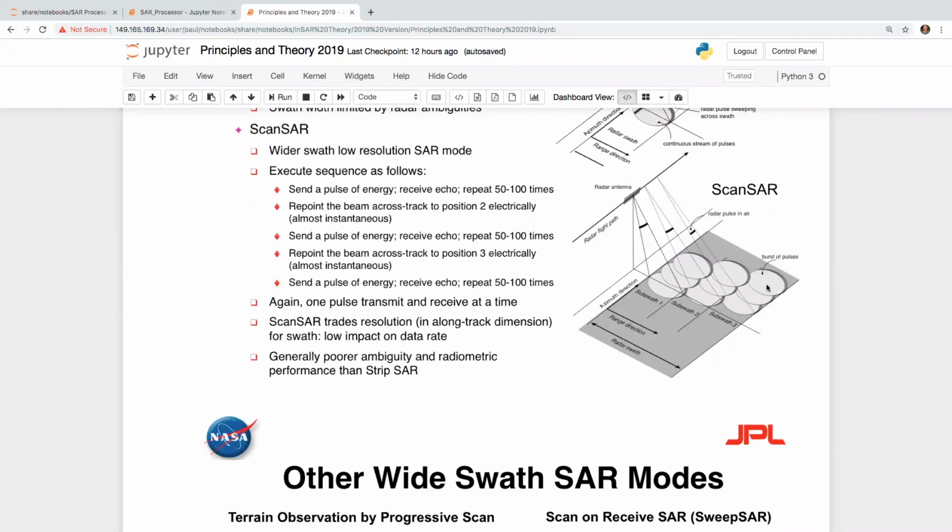So this burst of pulses is shorter than the total synthetic aperture, and since you're only sampling a portion of that synthetic aperture, you lose resolution in creating an image from that shortened set of pulses.